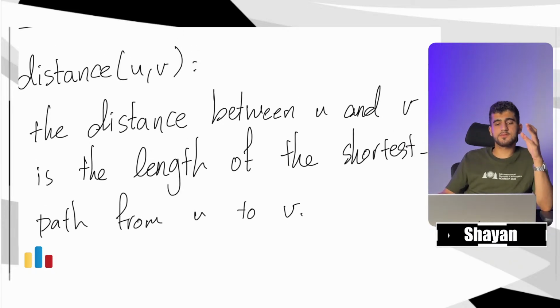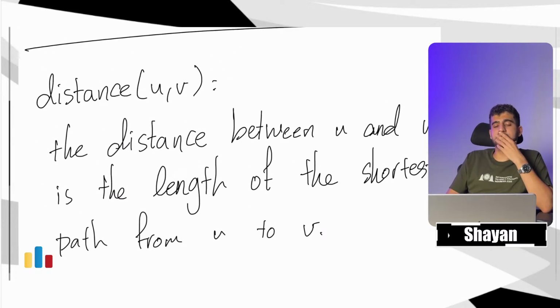So the distance of u and v is the length of the shortest path from u to v.